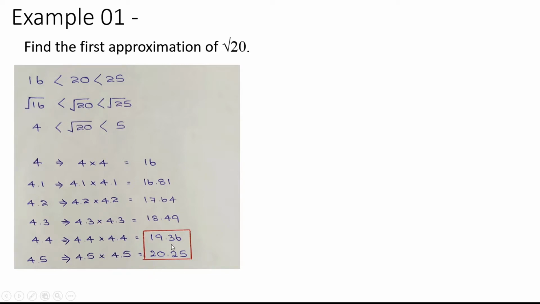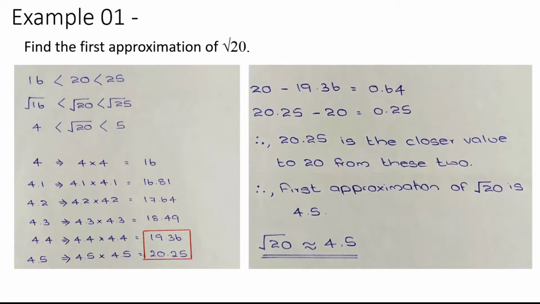Since the value of 4.5 squared exceeds 20, you don't need to find the square values of the numbers beyond 4.5. From 19.36 and 20.25, 20.25 is closer to 20 than 19.36. Therefore, the first approximation of the square root of 20 is 4.5.